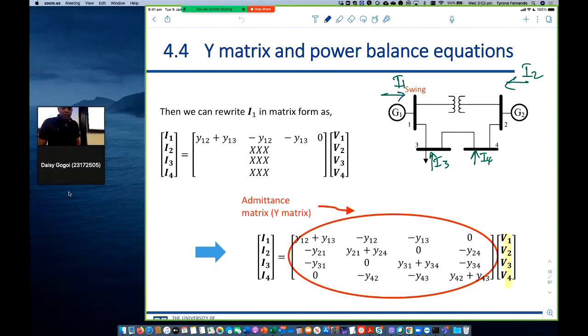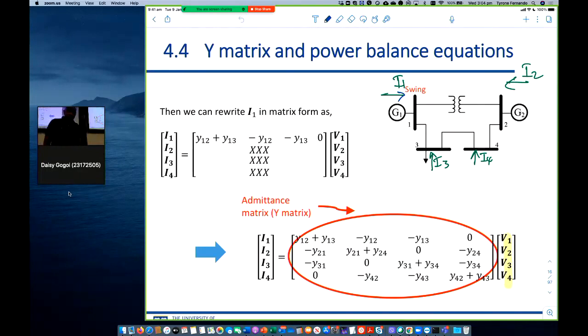We also talked about the admittance matrix. We can generate the admittance matrix by writing Kirchhoff's current law at each of the nodes, and then write all those equations in compact form using matrix notation, which is what you see there: I1, I2, I3, I4 equals the admittance matrix times the voltages of the respective nodes, V1, V2, V3, V4.